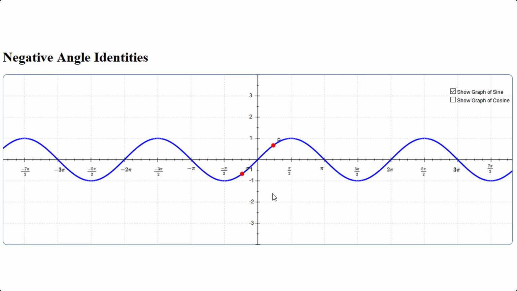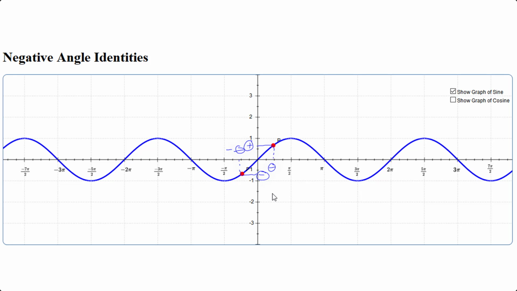So whatever angle measure I have to put into the sine function, the other angle measure is the opposite. Notice, if the sine is positive, then if I put the opposite of that angle in, the sine function results in a negative number.